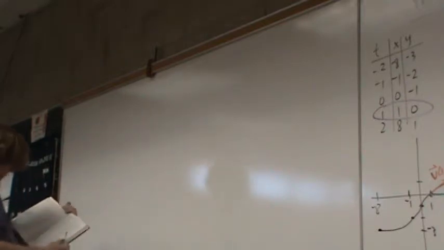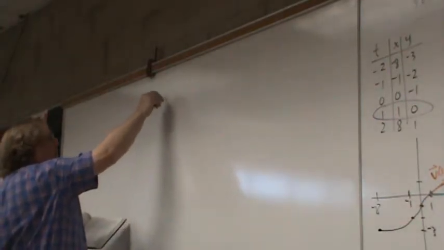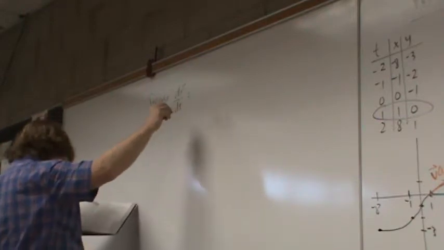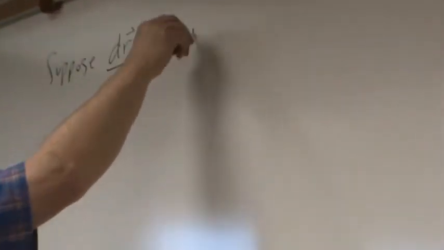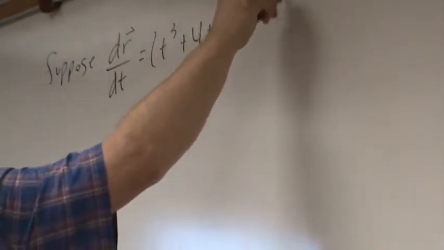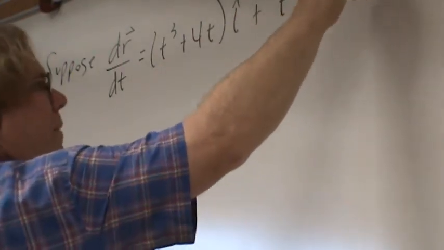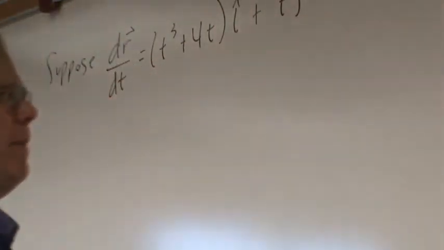So here we go. Suppose dr dt equals t to the third power plus 4t i plus t j. And suppose I told you that r of 0 equaled i plus j.